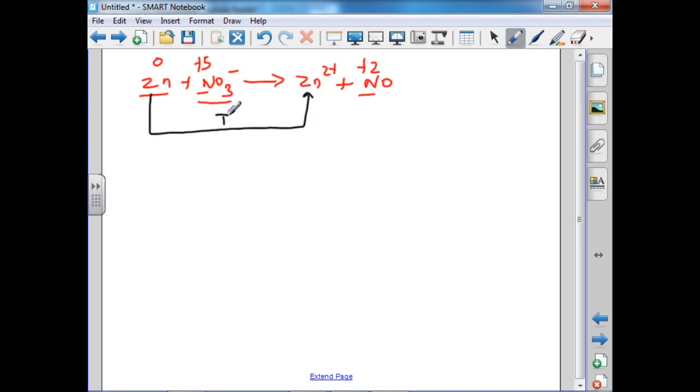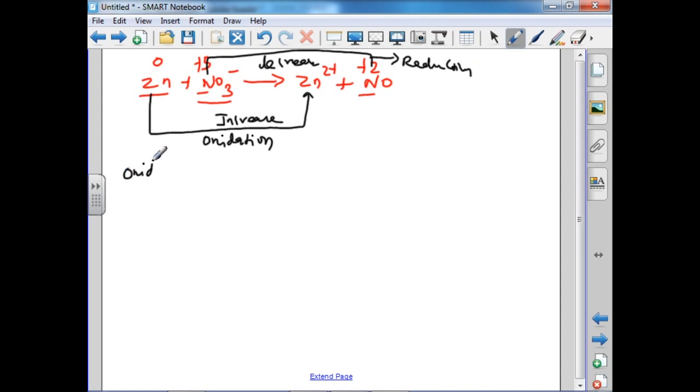Zn goes from 0 to plus 2, an increase, so that is oxidation. N goes from plus 5 to plus 2, a decrease. This is reduction. So the oxidation half: Zn gives Zn2 plus, a loss of 2 electrons.